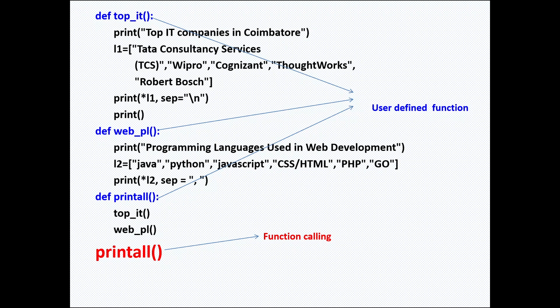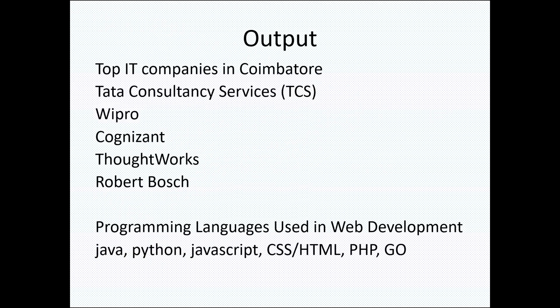Outputs are generated only by the function calls and not by the function definition. We can define any number of statements in the body of the function, but they have to be indented from the left margin. The output will be displayed like this.